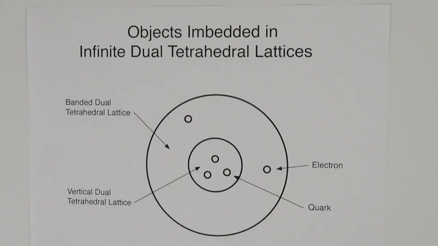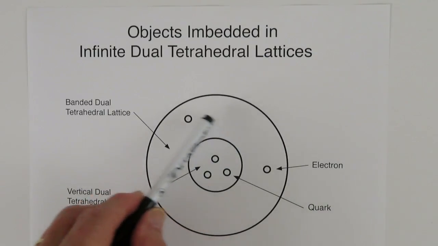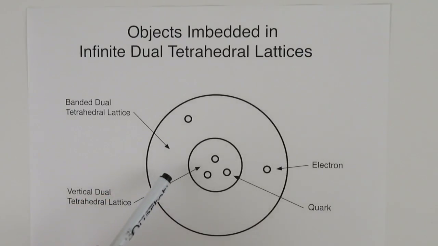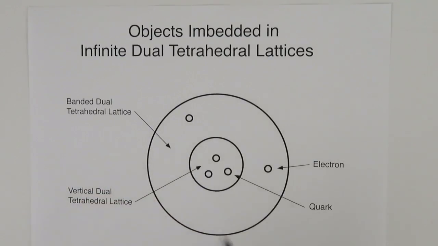This is at least a plausible topological process that we're involved in here, because the dual tetrahedral lattices are infinite in extent, so they can have as much complexity as they need. The objects themselves can be moving around in the fields of their construction, in the case of the outer field and in the case of the inner field.